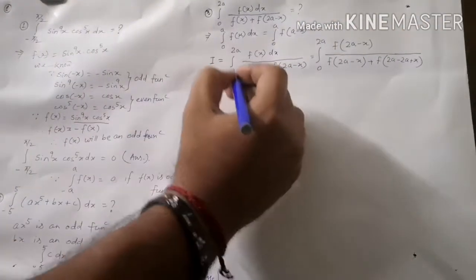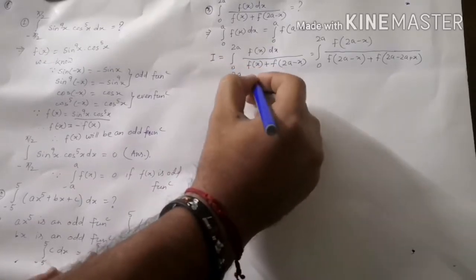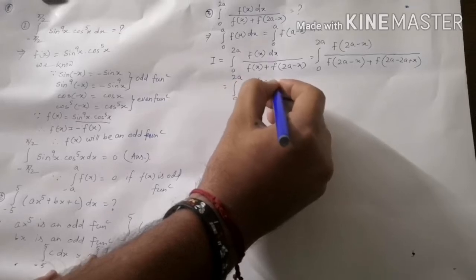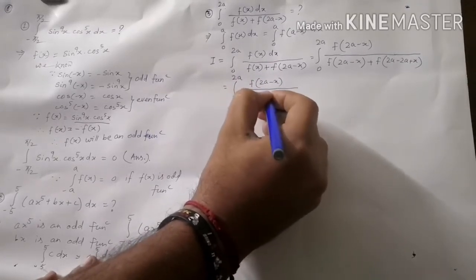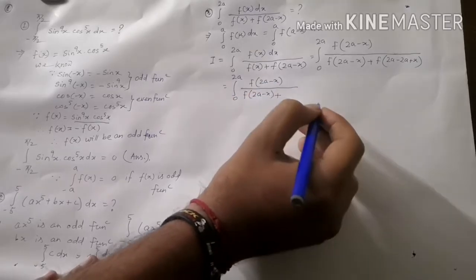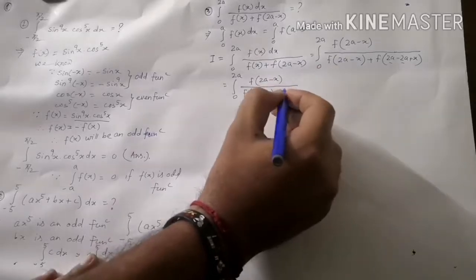Now the next step becomes 0 to 2a f(2a minus x) by f(2a minus x) plus, here 2a and 2a cancel, 2a minus 2a cancel, so it becomes f(x).